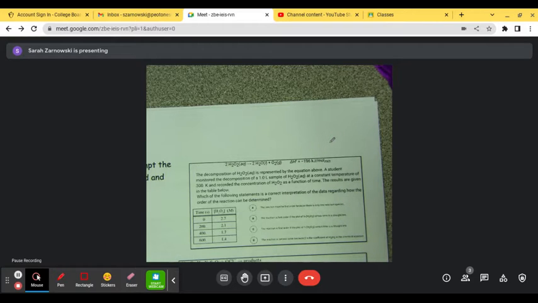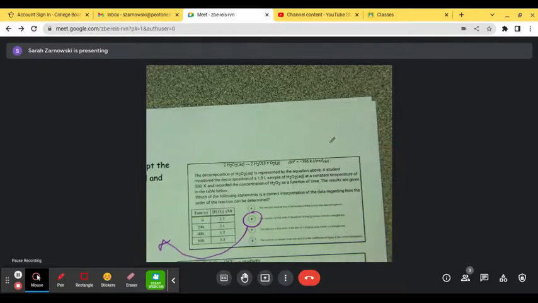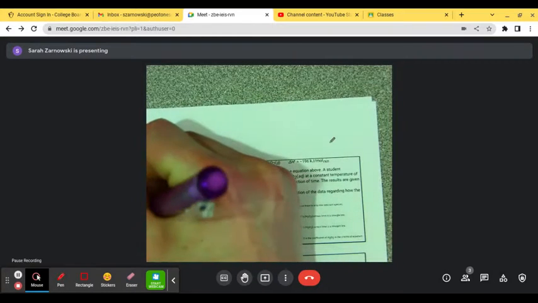Interpretation of the data regarding how the order of the reaction can be determined. Well, I know it's really hard to see, so I'm just going to tell you. The answer would be B, and the reason why it would be B is because, first of all, in the problem, it mentions linear data. That's what we want regardless of the order.